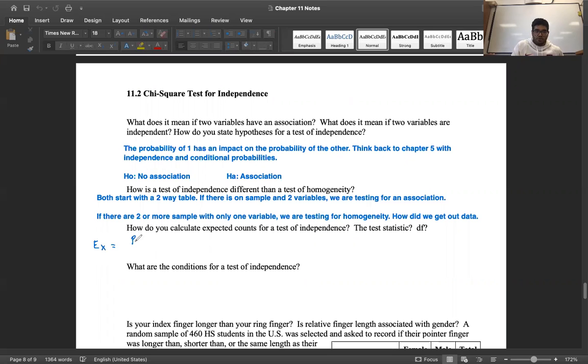That's going to be equal to the row total times your column total, divided by the whole table total. And remember, you've got to find this for each cell.